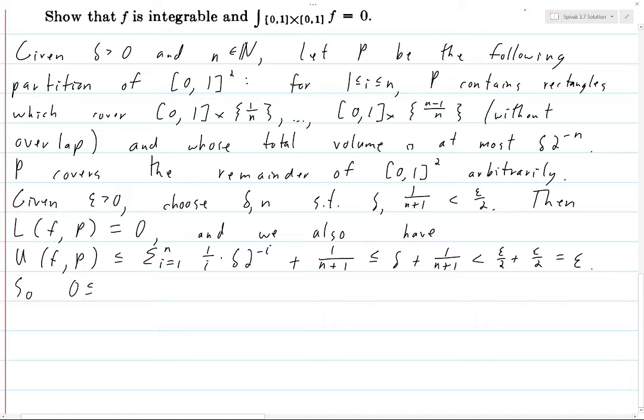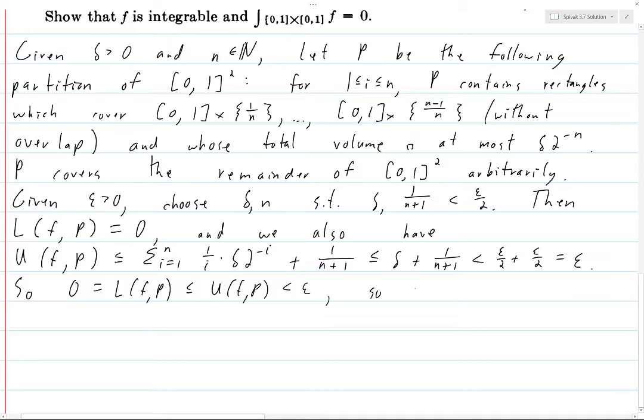Yes, because we're not only proving integrability, but we're going straight to the actual value of the integral. No, 0 is equal to L(f,P), which is less than or equal to U(f,P), which is less than epsilon.